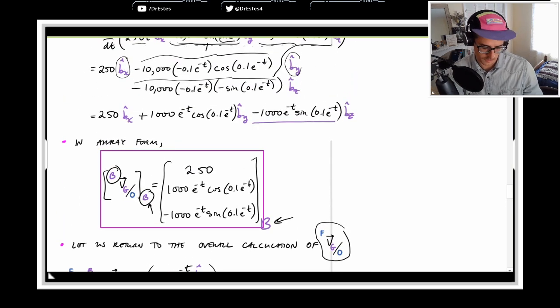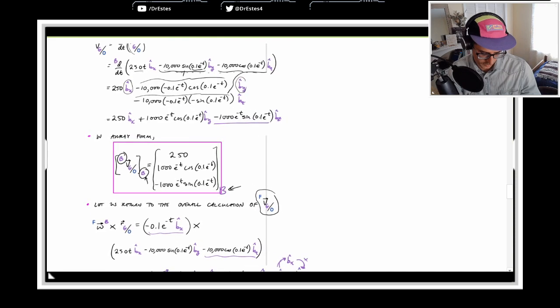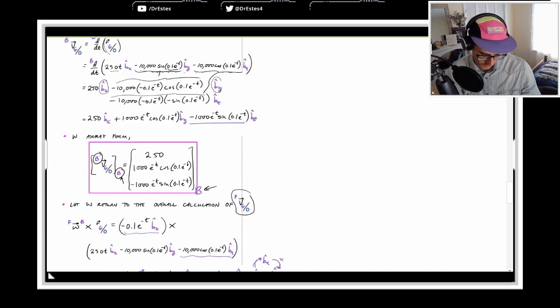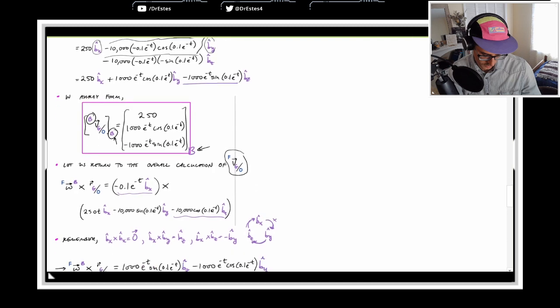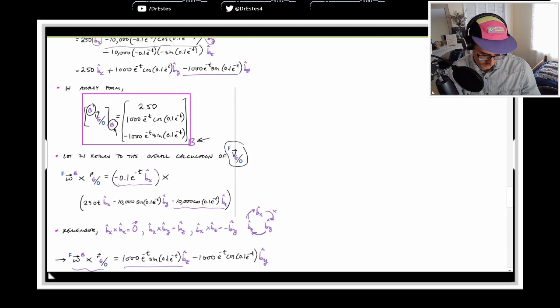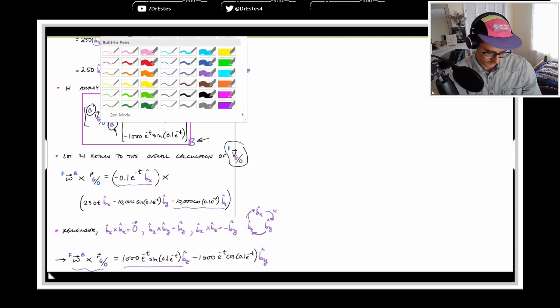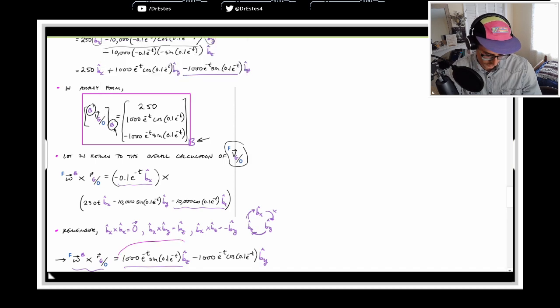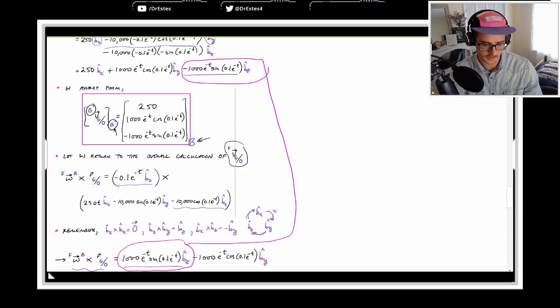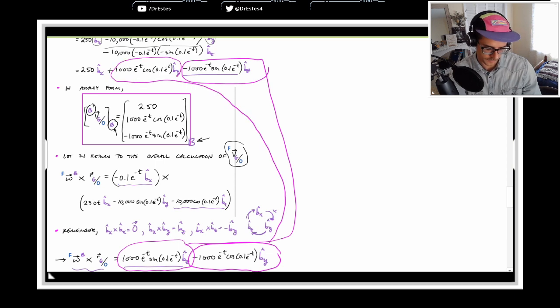And maybe I can get them all in the same frame. There we go. So this, we're adding it to this and they cancel out. And same thing happens here with this by term. I have the negative of this, and then I'm going to add it up here. So that's going to cancel out.